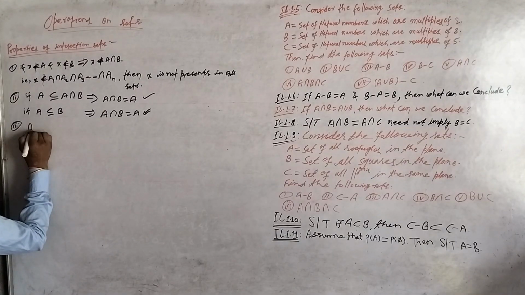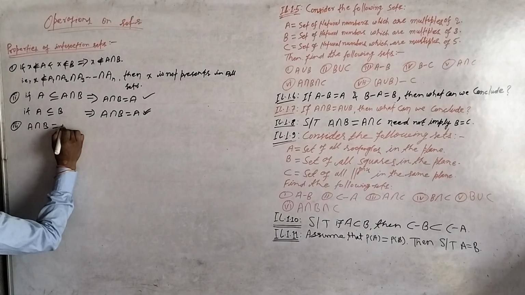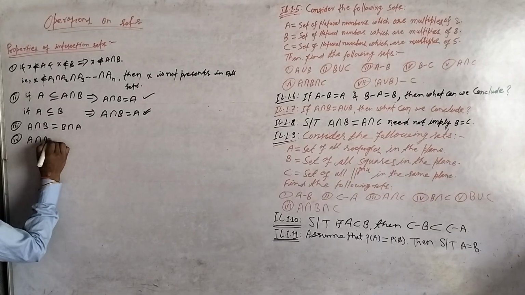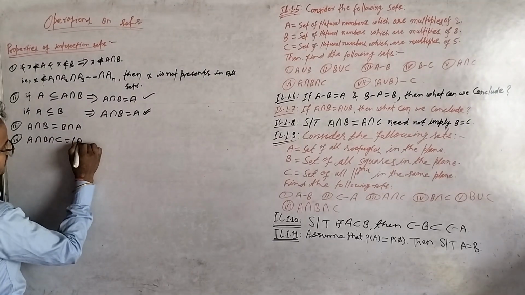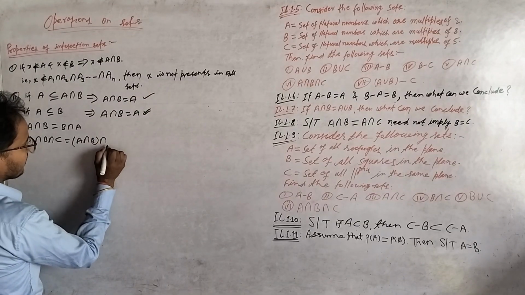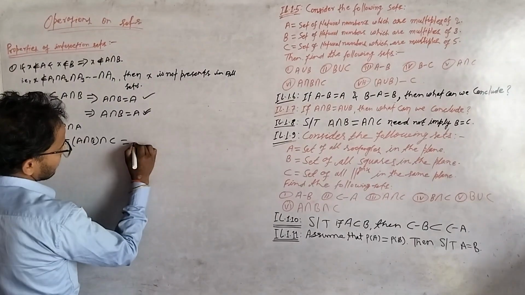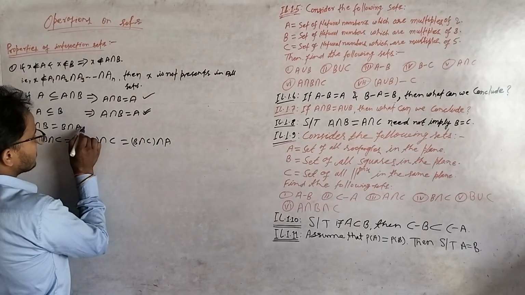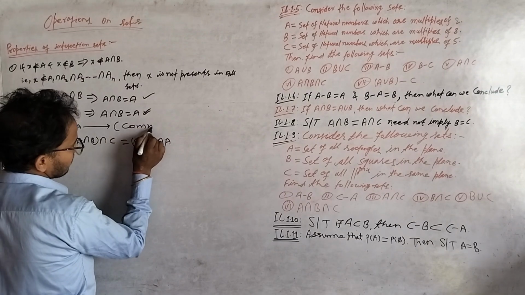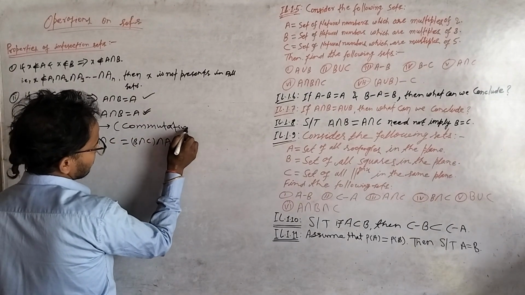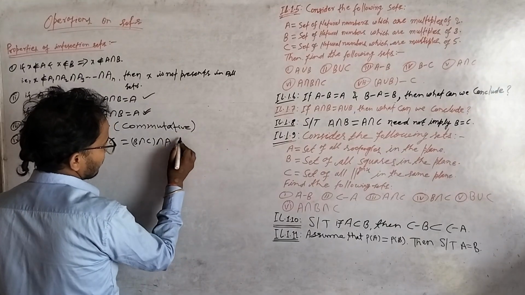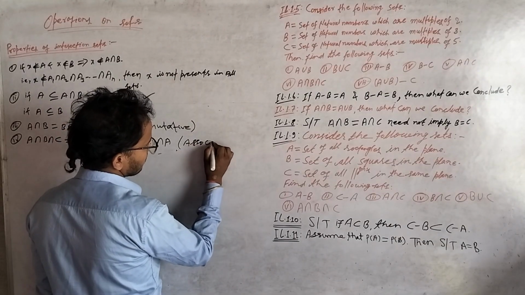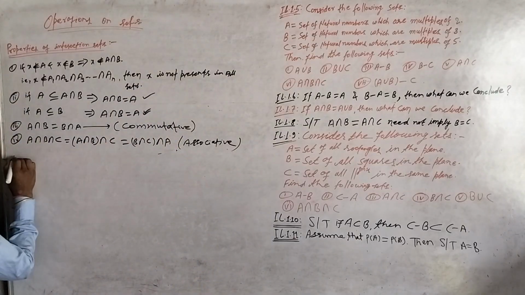The commutative law means A intersection B equals B intersection A. For the associative law, for A intersection B intersection C, we can write firstly A intersection B, then intersection C, and also firstly B intersection C, then intersection A. This is our commutative law, and this is our associative law.